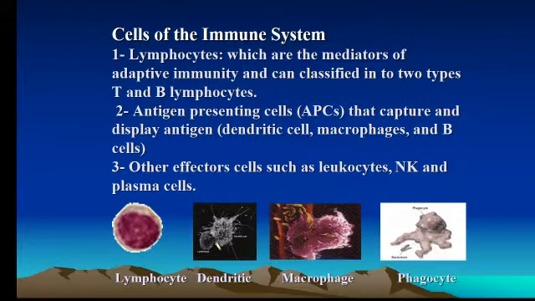Starting with the lymphocytes, cells of the immune system could be from the adaptive or the innate immune system. Most important are the macrophages and phagocytes. Dendritic cells and lymphocytes are not as important as the first two.